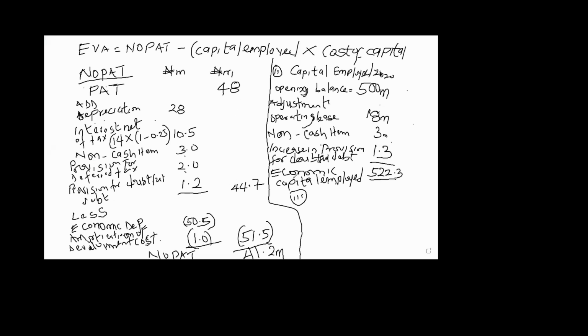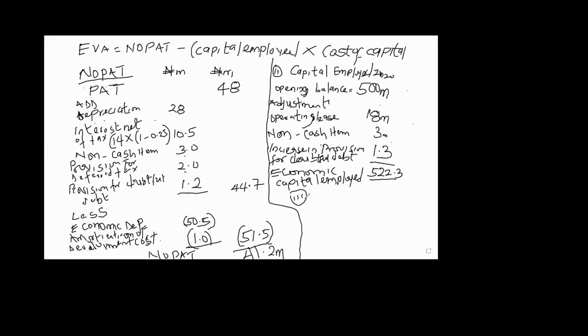Yes, somebody was trying to ask a question. Yes, sir, I was the one. The non-cash item you used here, you used 3 million. I just want to ask why we're not using the 4. Well, 4 is for 2019, and we are preparing capital employed for 2020. 3 million was the non-cash item.